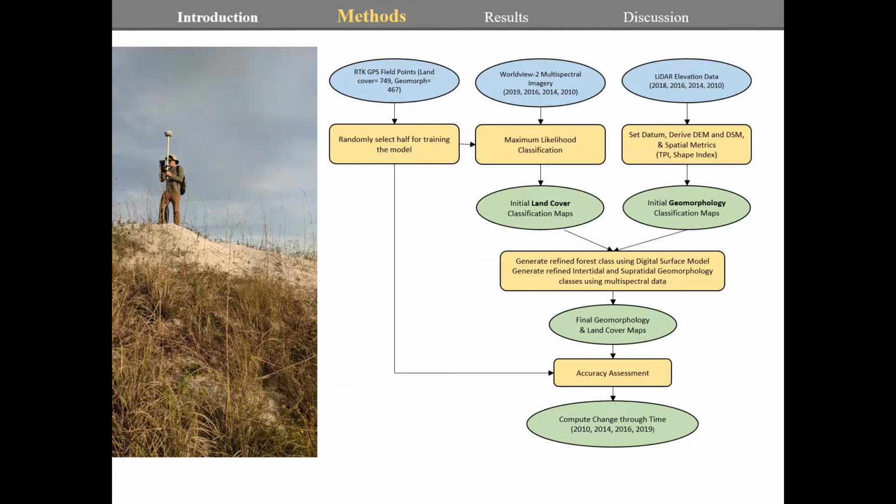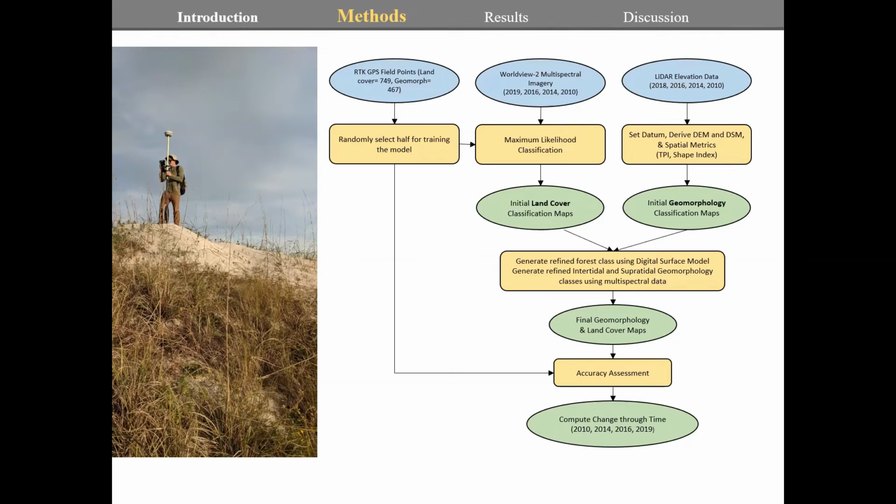And the reason they're called initial is because after that is when we mash them together to derive the best from both of those to come up with the refined data that comes up with the best approach to redefining and pulling out the best of both of these to come up with best forest classification, best supratidal classifications, and all of these habitat types that are now better because we are using both data sets together in the model to produce the best output possible from both worlds, either the remote sensing world or the GIS world, to define the best habitat maps possible and the best geomorphology maps possible.